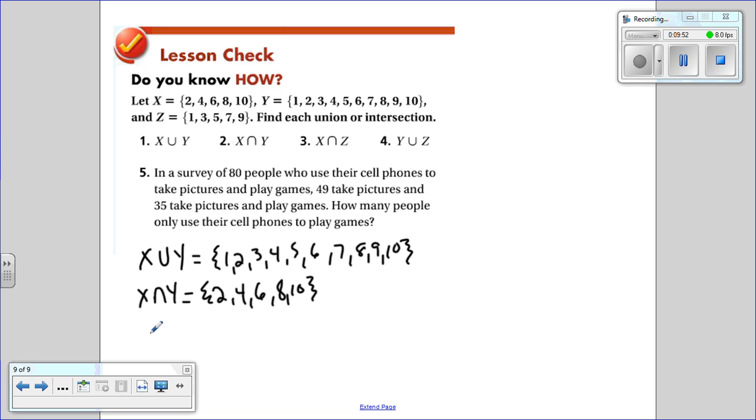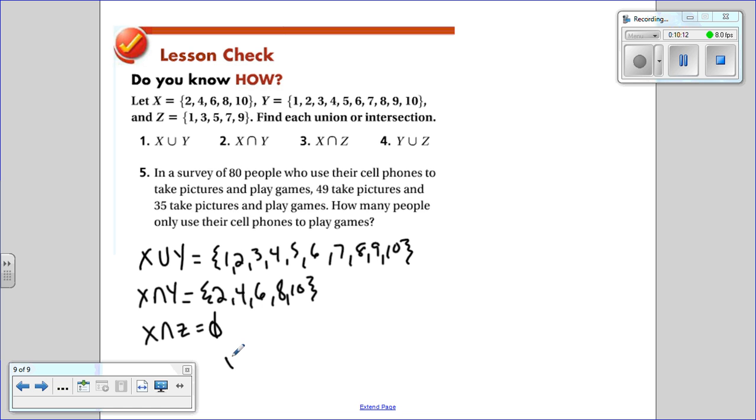3 was X intersection Z. So these again are what things do X and Z have in common. X is all the evens, Z is all the odds. So what do they have in common? Absolutely nothing.